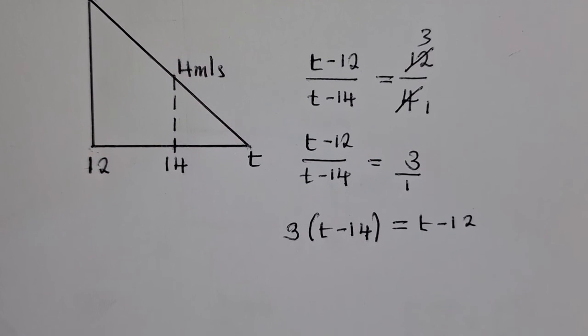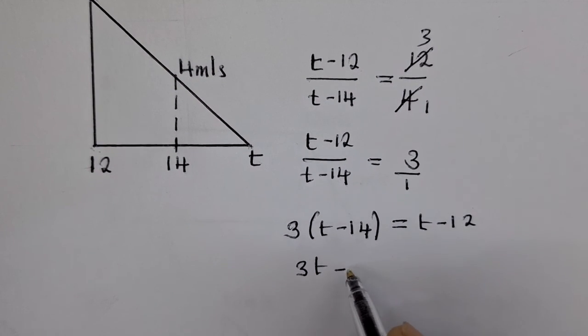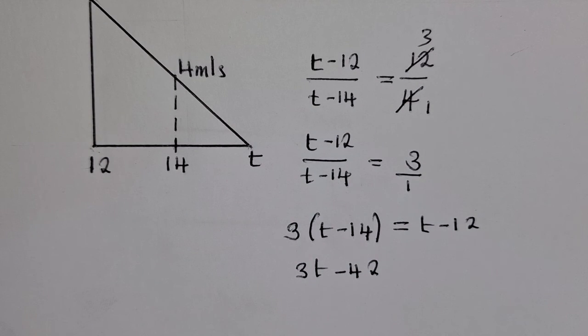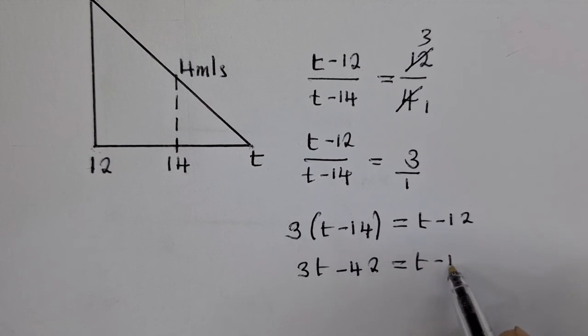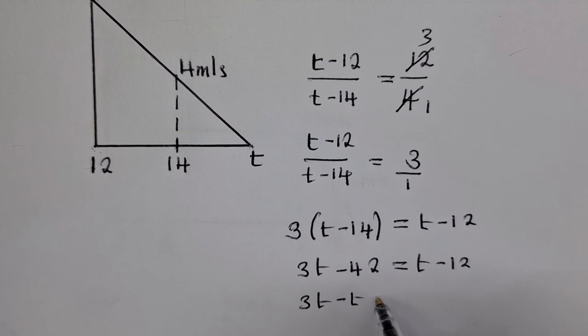So we solve the equation. This will give us 3t minus 42. 3 times negative 14 is negative 42, if I'm not mistaken, which is equal to t minus 12. We group the like terms.